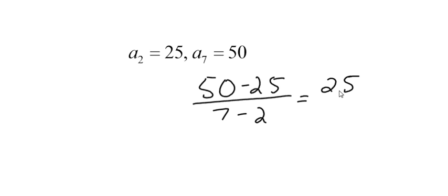Would be 25 over 5. That equals 5. So therefore, our common difference in this particular sequence that these two terms came from is 5.